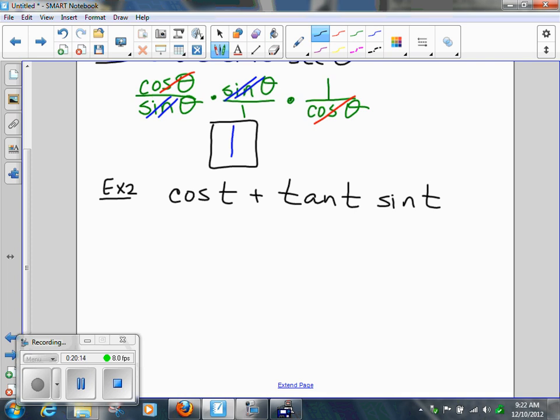Explain what you mean. Which ones do I not have to change? Cosine and sine don't have to change, right? Oh yeah, that's what I'm saying. Okay. But tangent's going to be changed to what, folks? Talk to me. Come on. Sine over cosine.